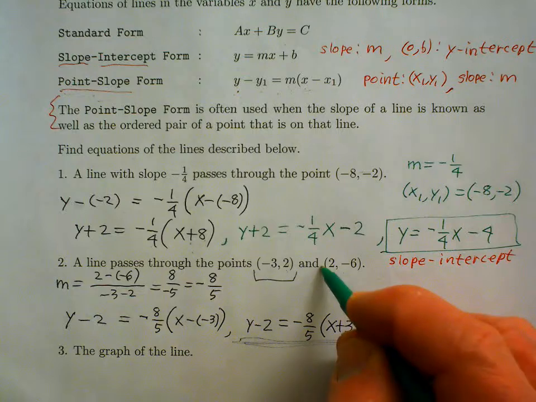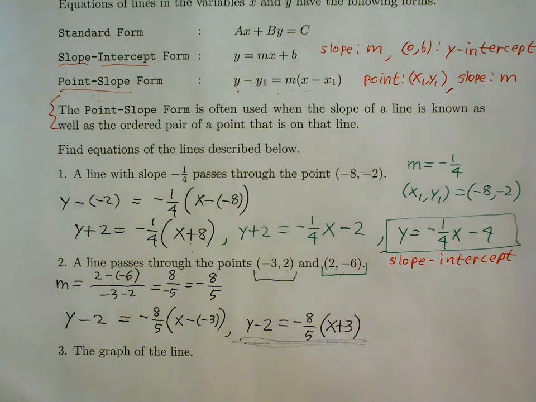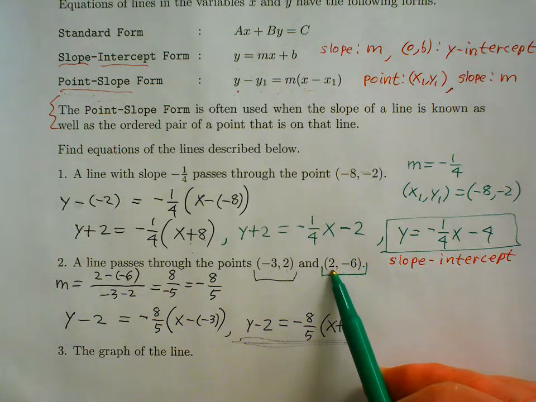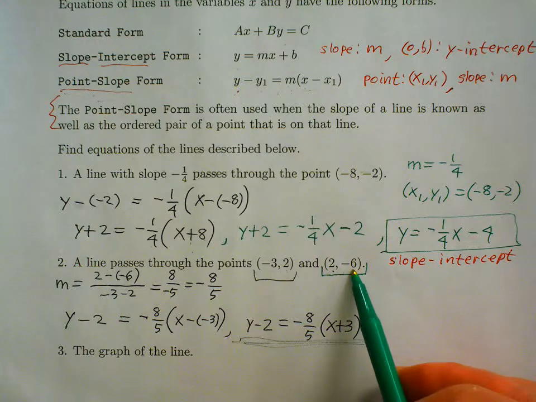If you would rather use the other ordered pair as the x1, y1, you can. Let's do that over here. So this time the x1 is 2 and the y1 is -6.